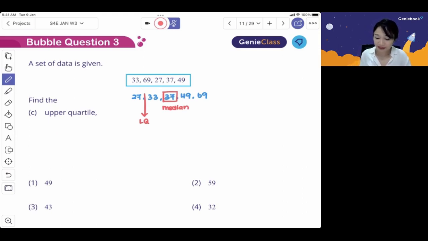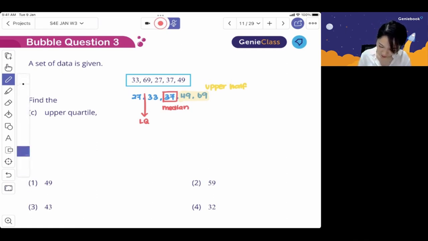Remember, identify your upper half first. So find the middle value in the upper half. Your upper half will be over here. Then what is the middle value in your upper half?